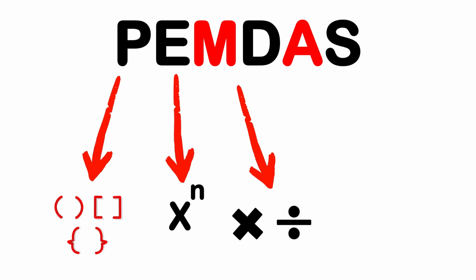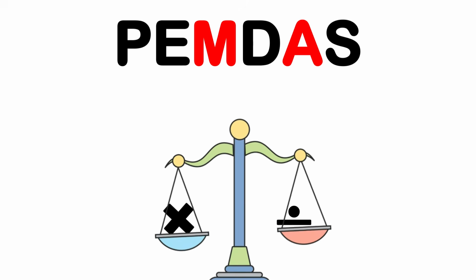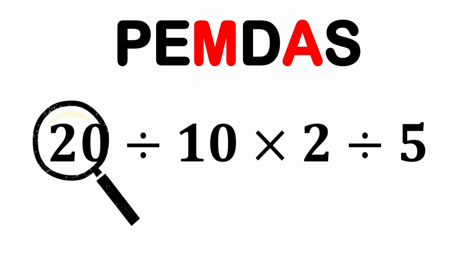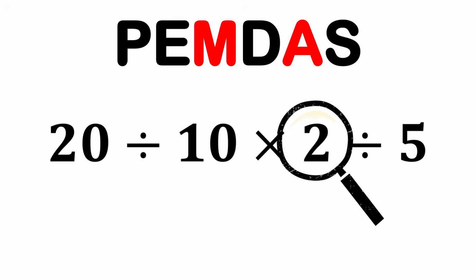They have equal priority. Here's a huge warning. Many people think multiplication comes first because M is before D. That is a lie. They are twins. They have equal priority. So, which one do you do first? Whichever shows up on the left first. Think of it like reading a book. And finally, A and S for addition and subtraction. Also, they have equal priority like multiplication and division.